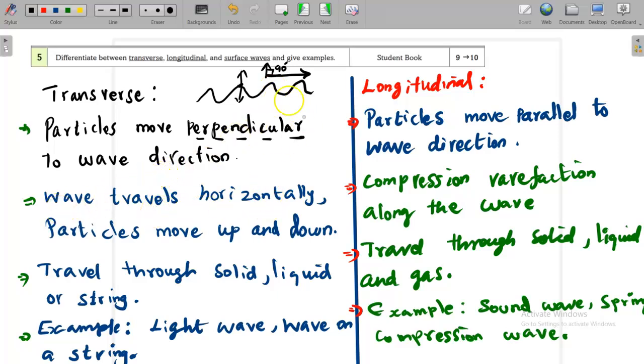The wave travels horizontally while particles move up and down. It travels through solid, liquid or string. Examples: light wave, wave on a string. You can pause and copy.